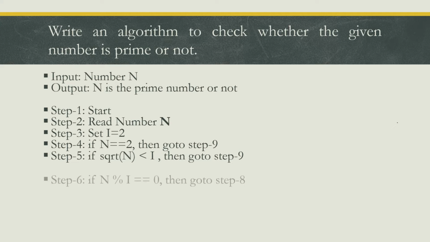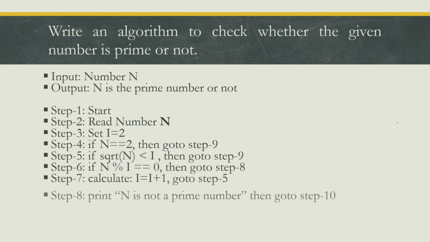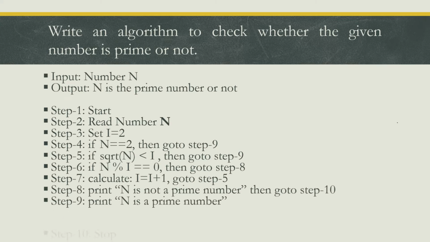Then we start dividing the given number from 2 to the square root of the number. If any number in the range from 2 to the square root of that number completely divides the given number, and you get remainder 0, then that number is not a prime number. Let me explain these steps by taking one example.